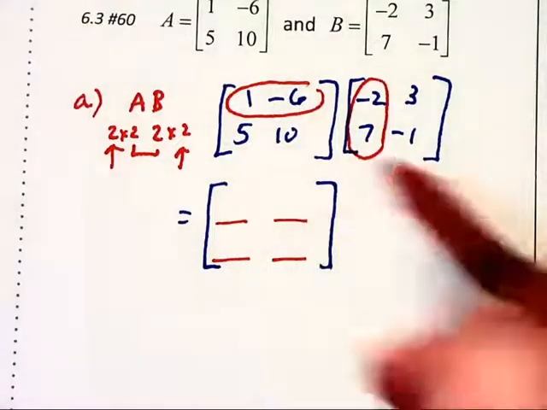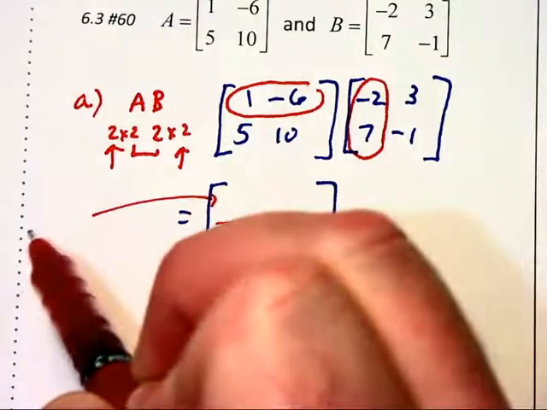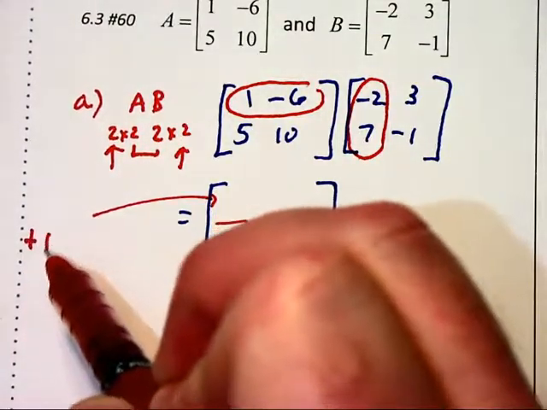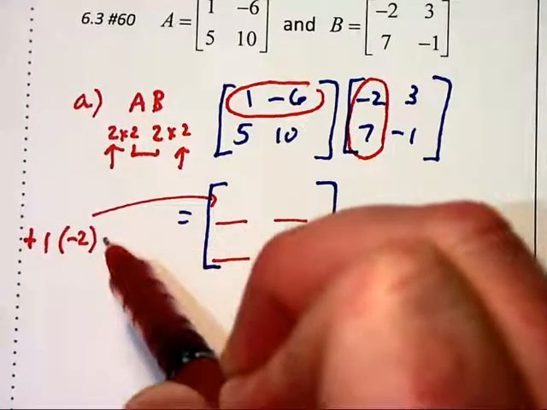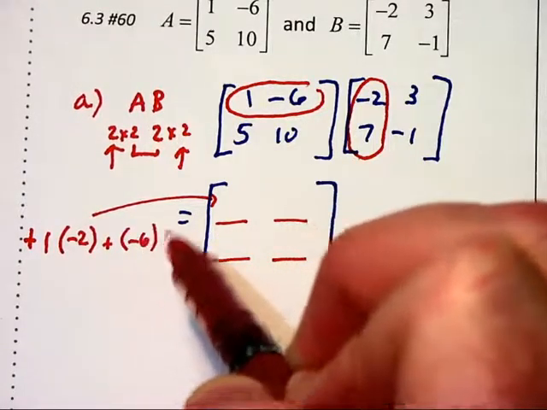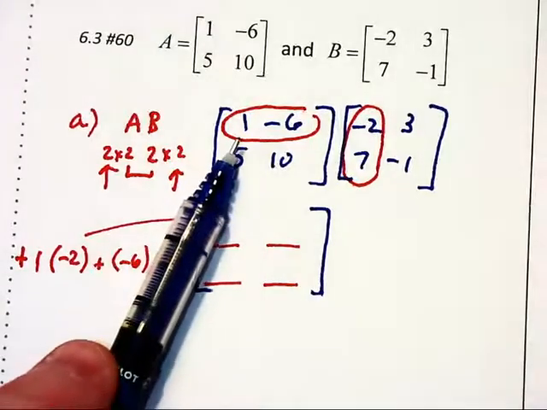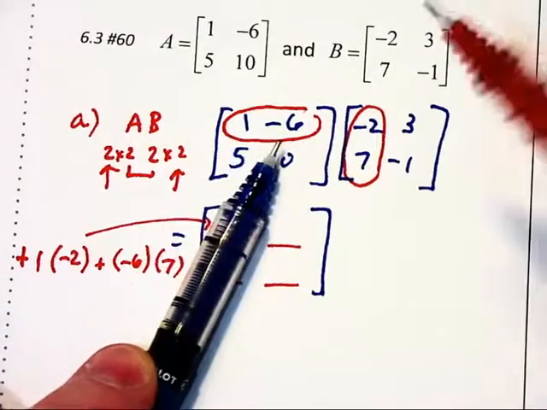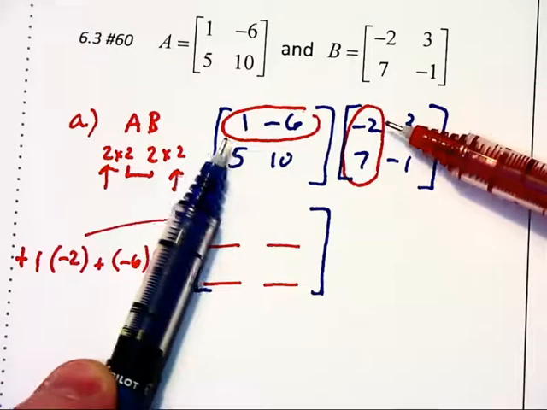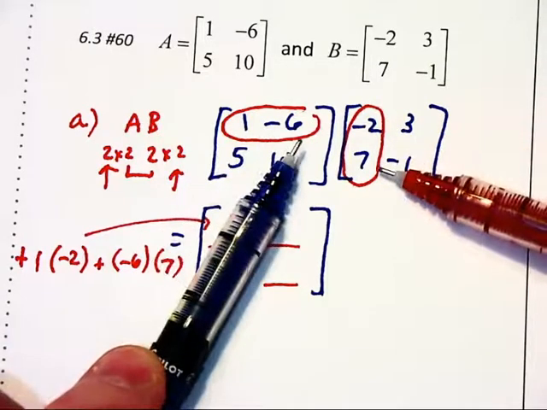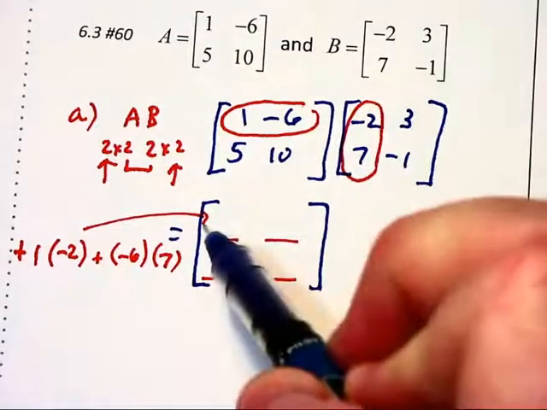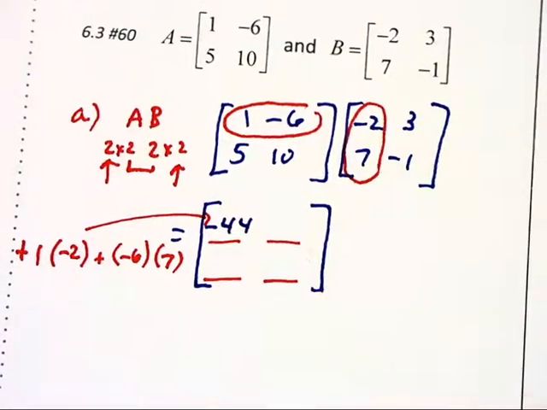We want to take for this first position 1 times negative 2 plus negative 6 times 7. What I end up doing is I take my pen here, my left hand, work across, and this other pen and work down. I go negative 2 is a product, negative 42 is the product. Adding together, I get negative 44.